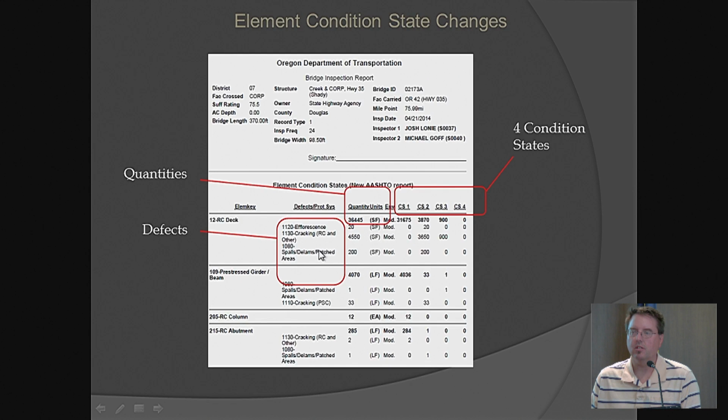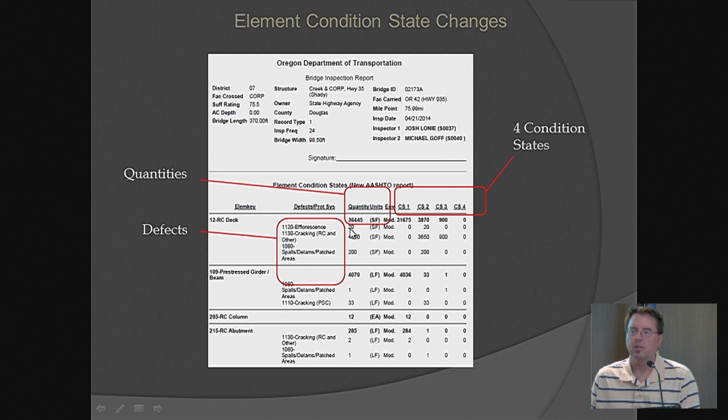Here's a list of the defects. Here are our quantities. For each parent element, you're going to have a total quantity. So here's your total quantity in square feet for this deck. And then under each of the defects, you're going to notice it has its own quantity.